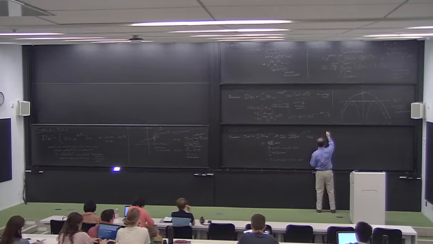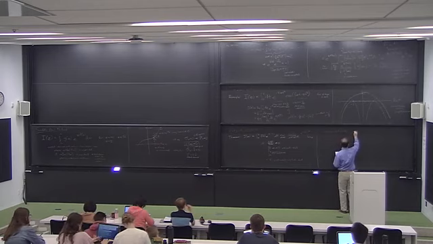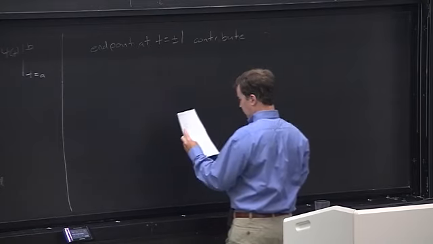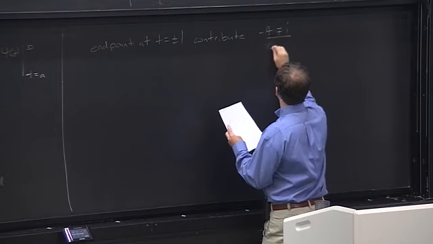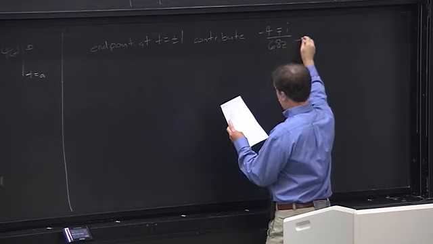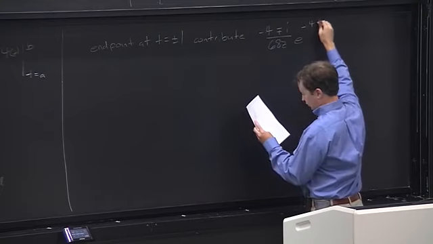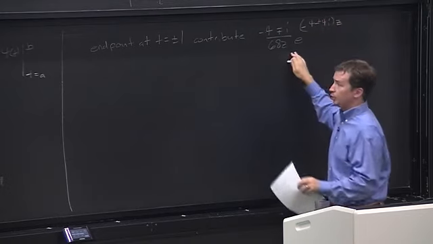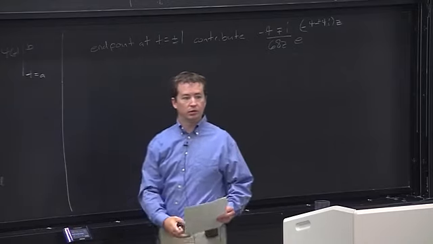The endpoint contributions at t equals plus or minus 1 contribute minus 4 minus plus i over 68z, e to the minus 4 plus or minus 4i times z. So I just plugged our integral into this form. There's just some algebra there, nothing.